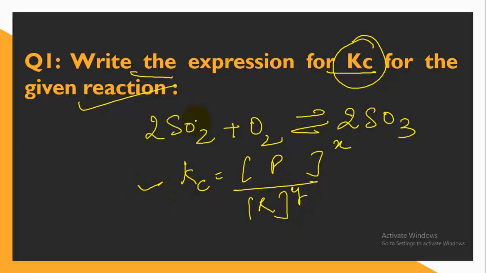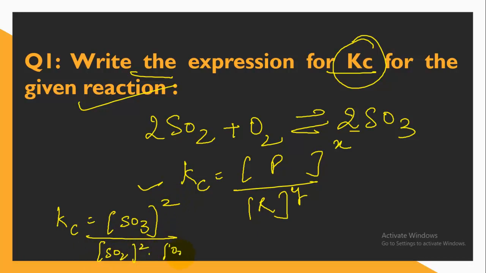So let's apply it to this equation. So we'll have Kc is equal to the concentration of SO3 raised to the moles, that is 2, divided by the concentration of reactants raised to their respective moles. So this is how we are going to write the Kc expression for any reaction.